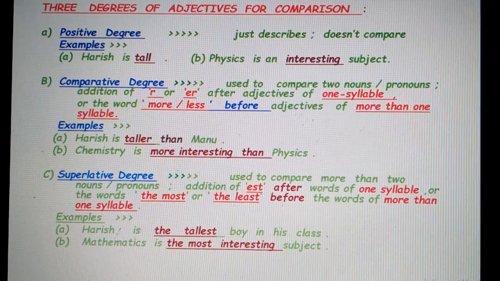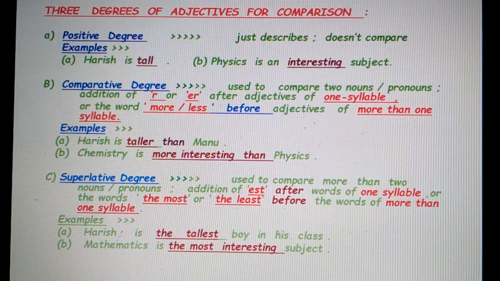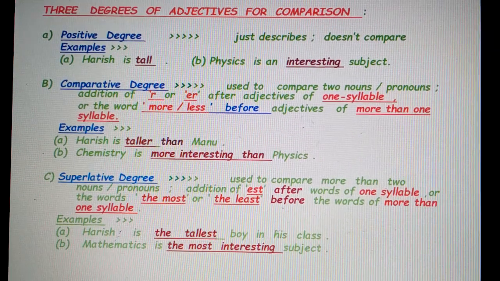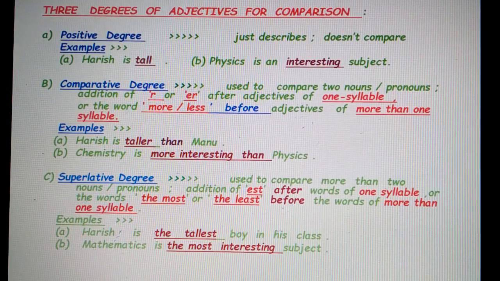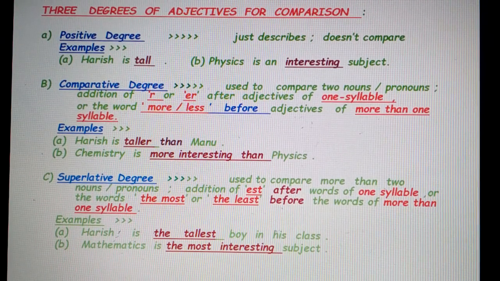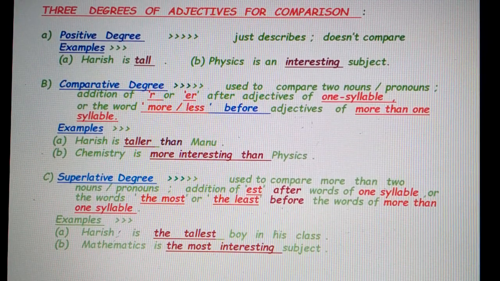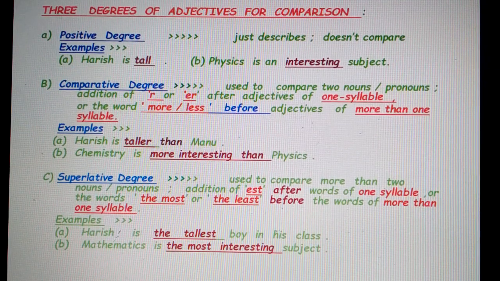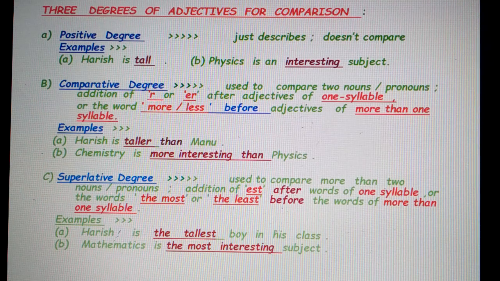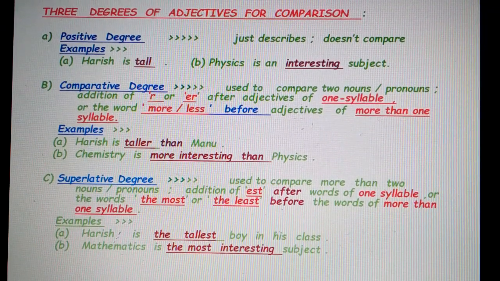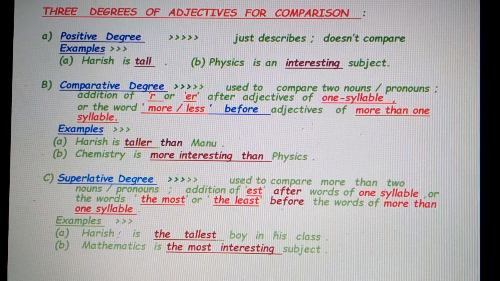We have to add the letter R or ER after the adjectives of one syllable. I hope you can recall what a syllable is. The one striking sound which comes out after pronouncing the word is called one syllable. So, R or ER is added at the end of the adjectives of one syllable.